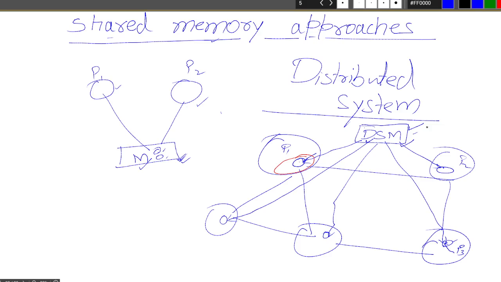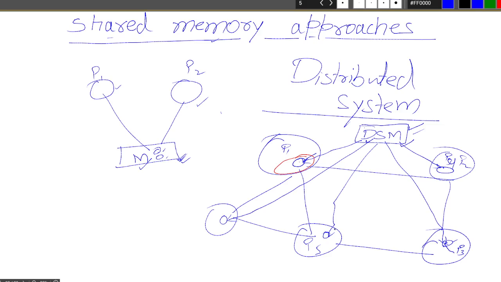Now, how can this shared memory approach be helpful for indirect communication? You can easily understand different processes are there. In a distributed system, it makes no difference whether the processes are on the same node or on different nodes. All the processes can access the shared memory. If there is a requirement of such a setting, then we can use this distributed shared memory. What can the requirement be?